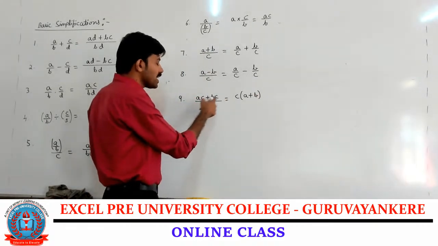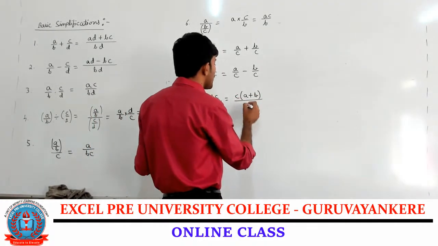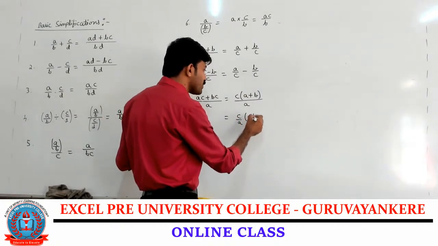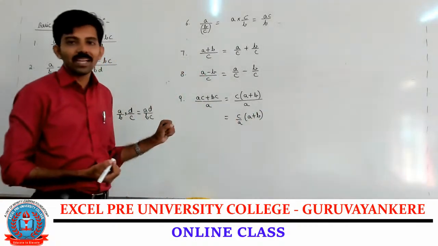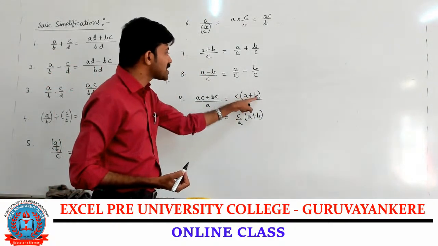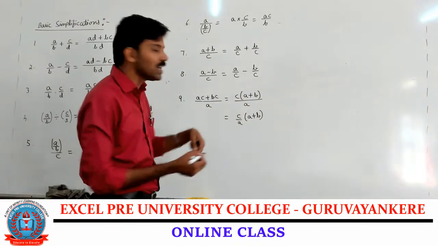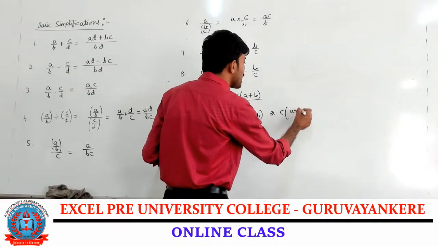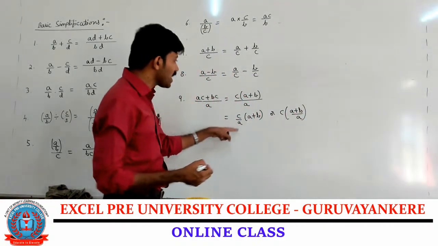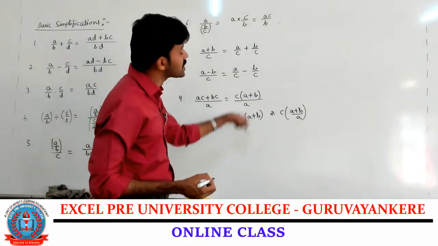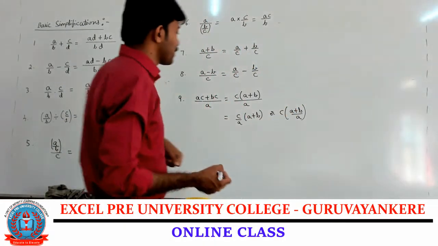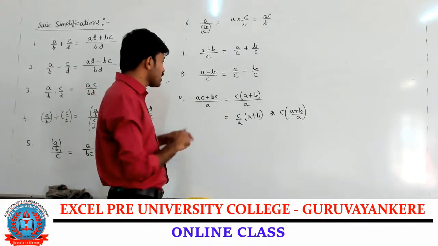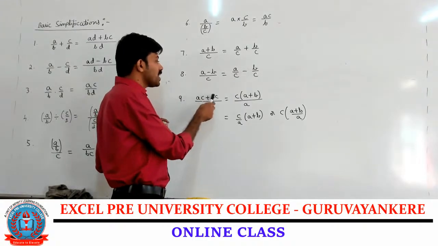C is common here, C out, A plus B divided by A. We can write this as C by A into A plus B, or you can write this as the same as C into A plus B by A. Both are same. You can write like this. Okay? So AC plus BC by A, C is common. C into A plus B by A.